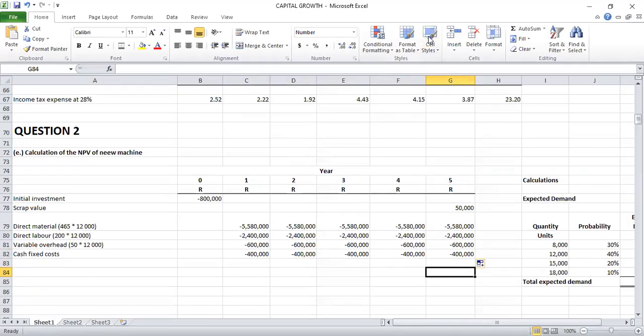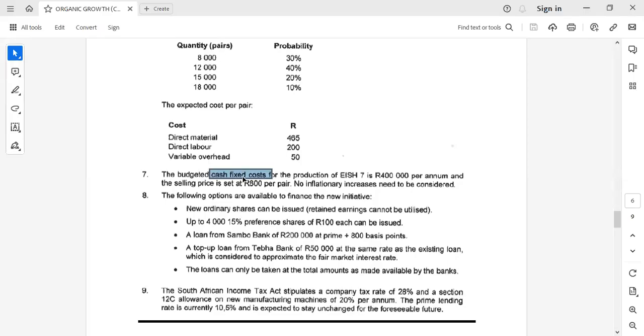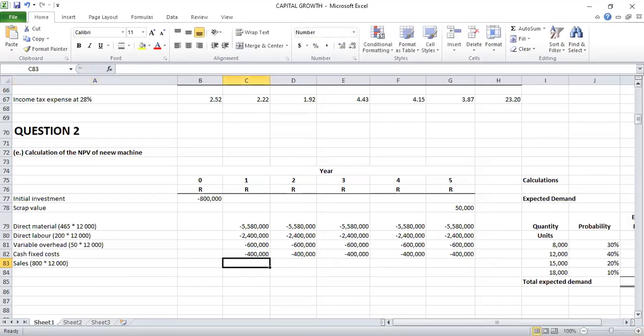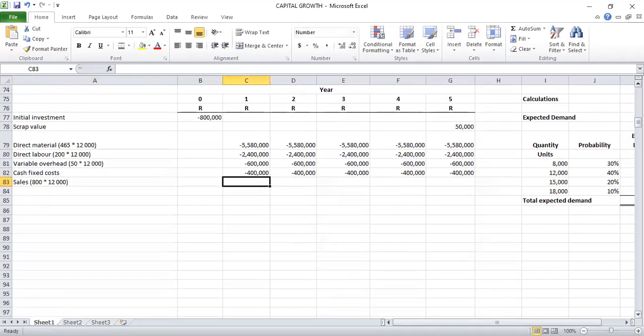Then we are told that the selling price is 800 per pair. Remember that our pairs are 12,000 from our expected demand. So our sales are 800 multiplied by 12,000.